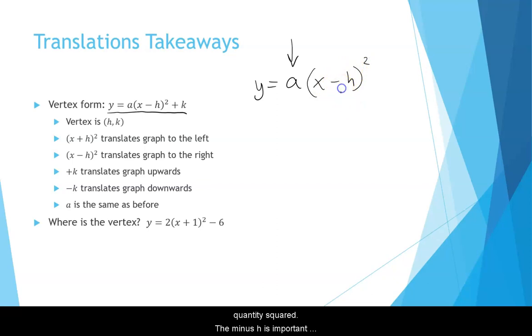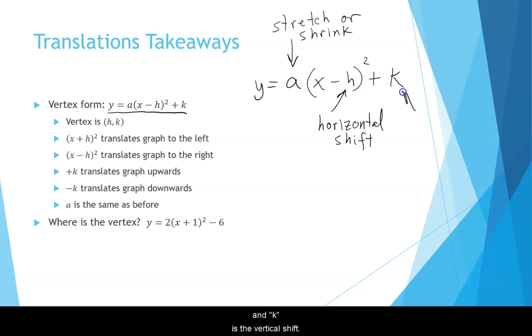The minus h is important because that is our reminder that the x coordinate is going to be opposite whatever appears inside the parentheses. And then we have plus k, and the k controls our up and down movement. A is the stretch or shrink, h is the horizontal shift, and k is the vertical shift.